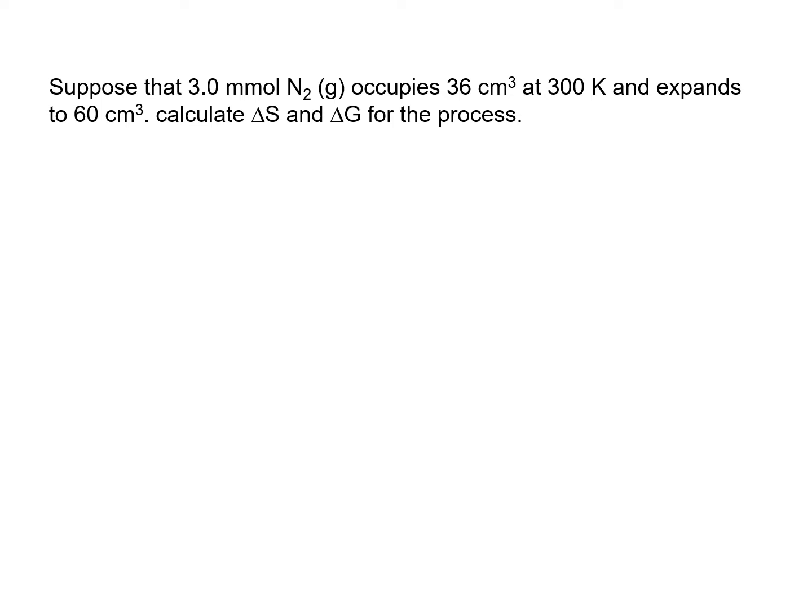This question is about ideal gas isothermal expansion, at constant temperature. And we want to calculate the delta S and the delta G. So we know the two equations. For delta S it is nR ln V2 over V1. That's isothermal expansion for ideal gas.